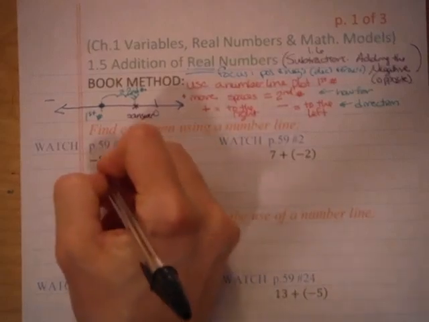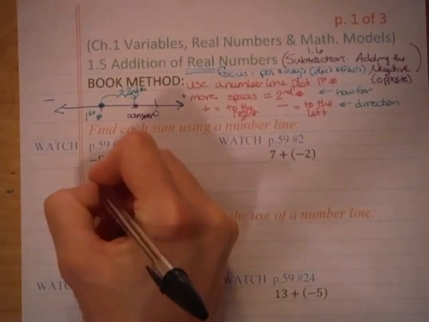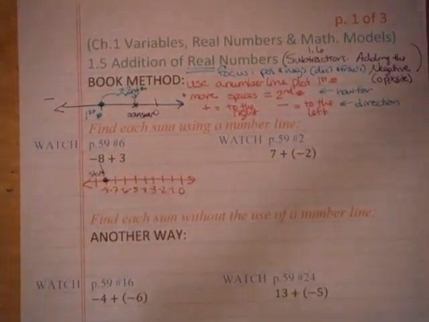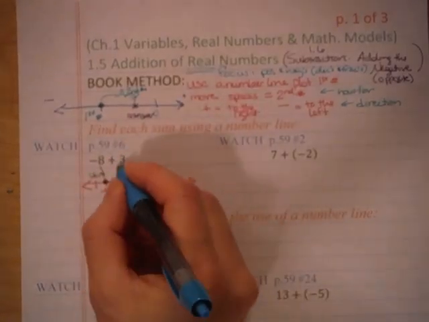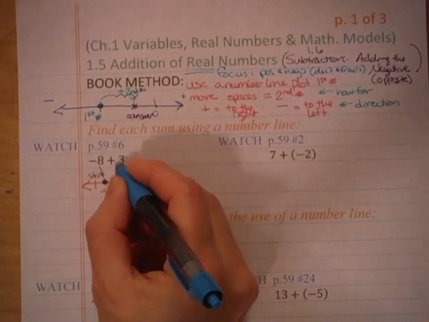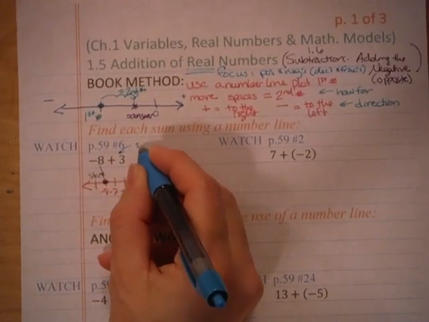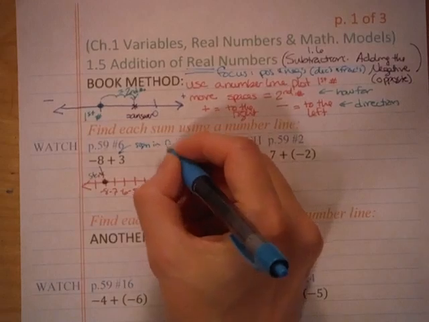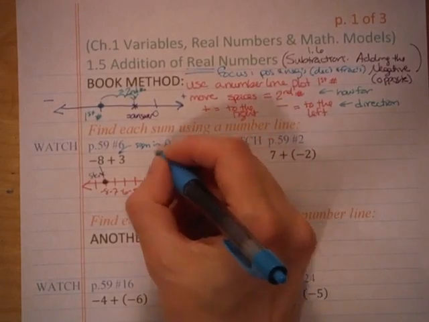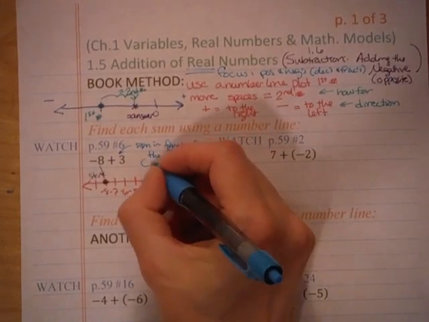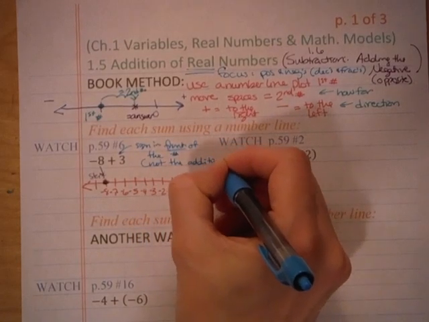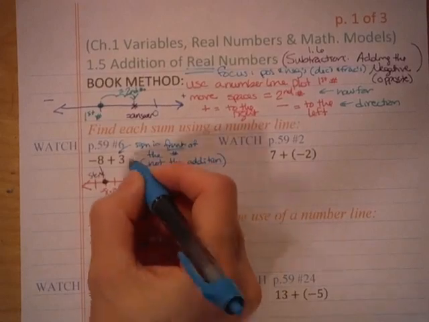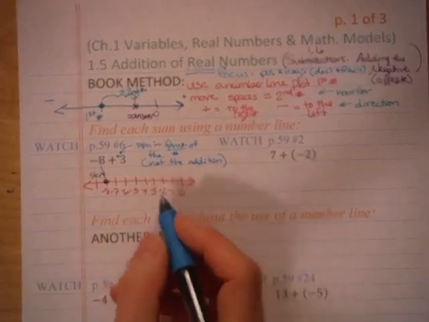This is where I'm going to start, and we are adding 3. So we're adding a positive 3. What you want to look for is the sign in front of the number, not the addition sign, the addition operation. So it's a positive 3 there.